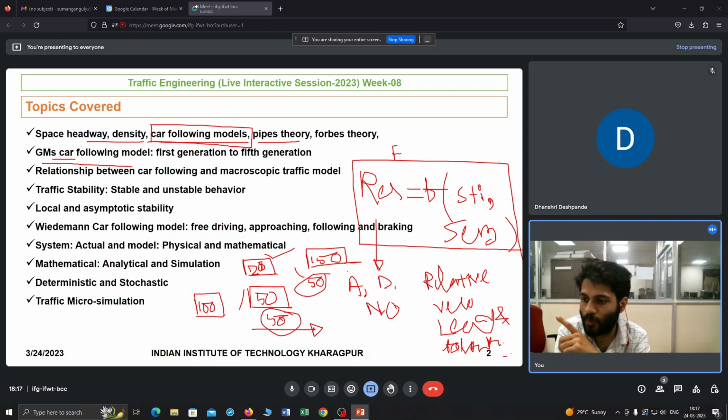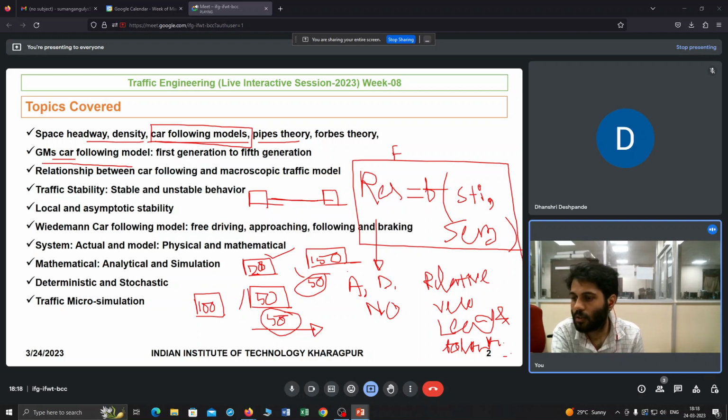First is your space headway: what is the distance between two vehicles, the existing distance? If they are too far apart, the probability of collision will be less, and your sensitivity also will be less.